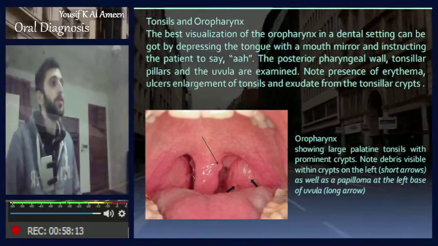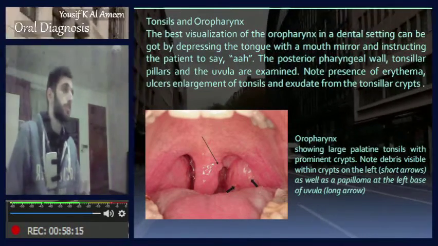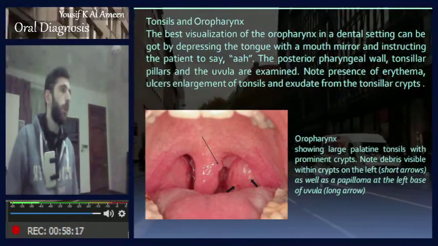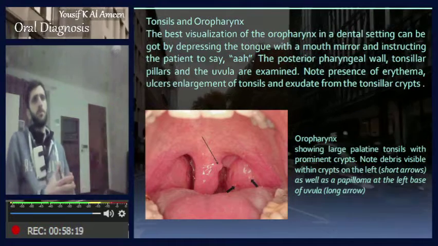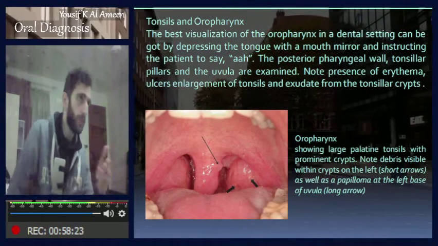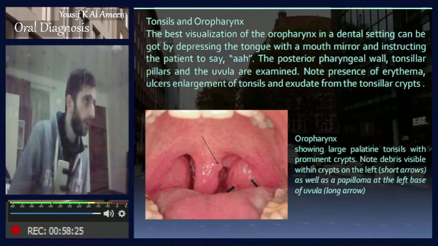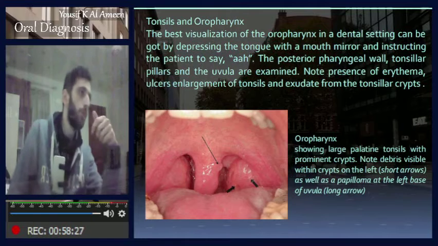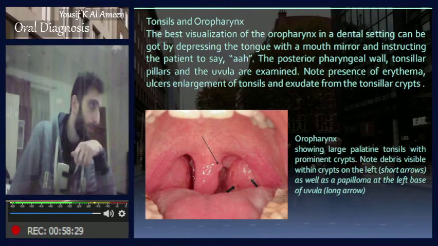Note: debris visible within crypts on the left. Debris visible on crypts on the left. Here we can see how that is visible on the crypts.